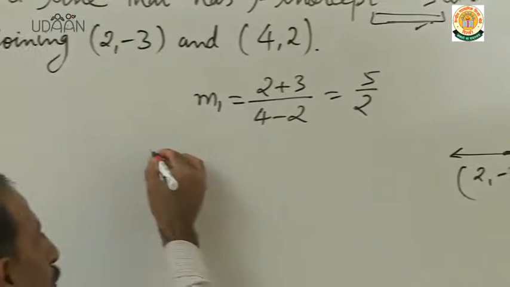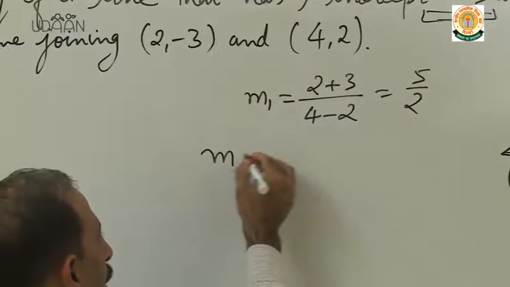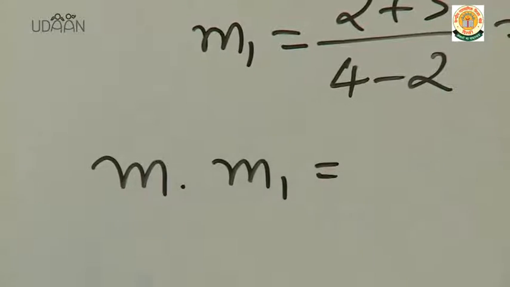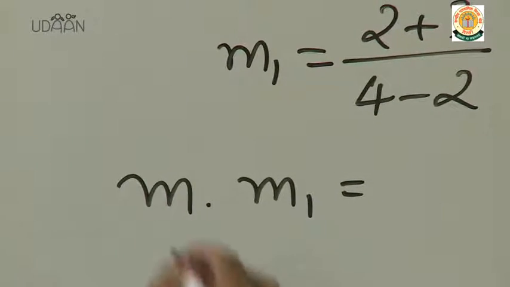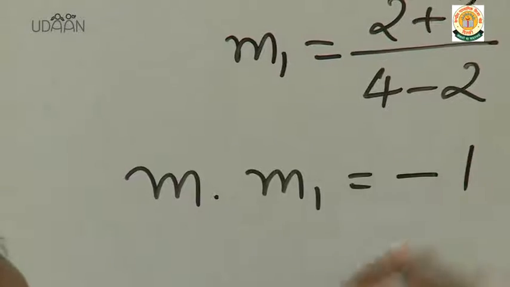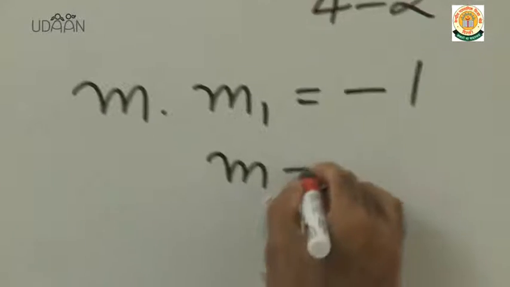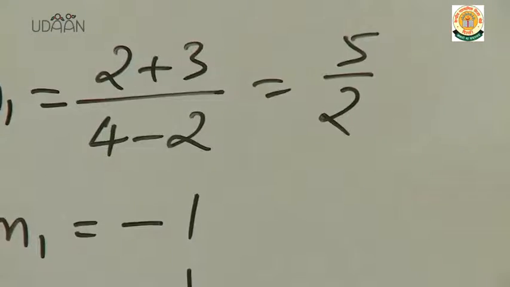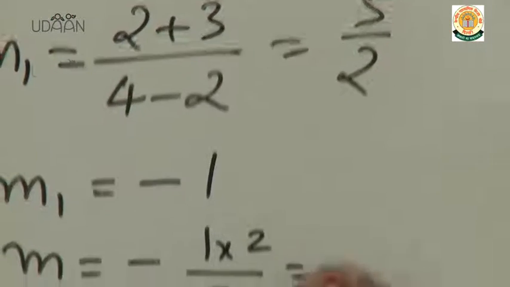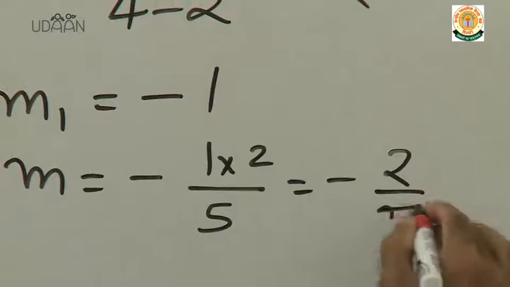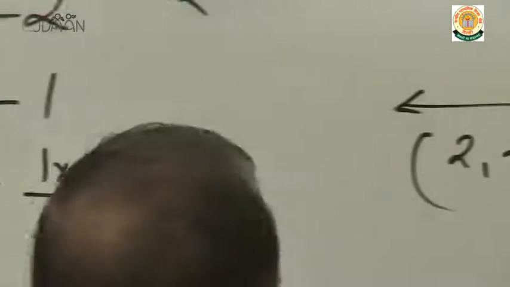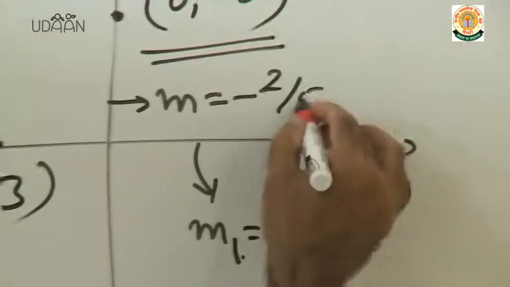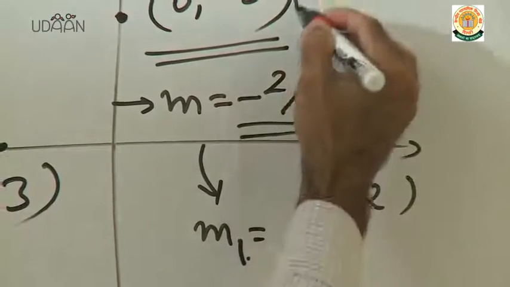Now the slope of the line which is perpendicular to this, you know the relation between the 2 perpendicular lines, the product of their slopes is -1. So the value of m is -1 upon m1 and the value of m1 is 5 upon 2. So this is the slope of this line, -2 upon 5.